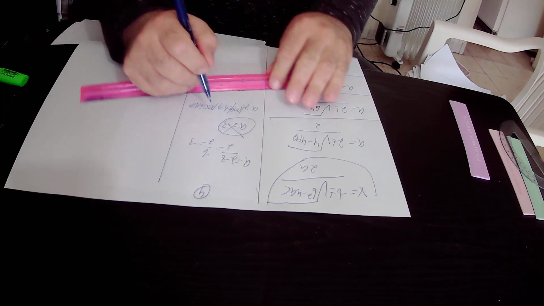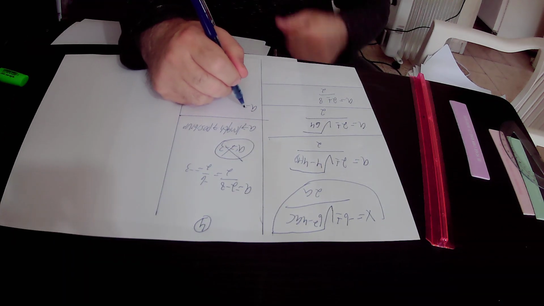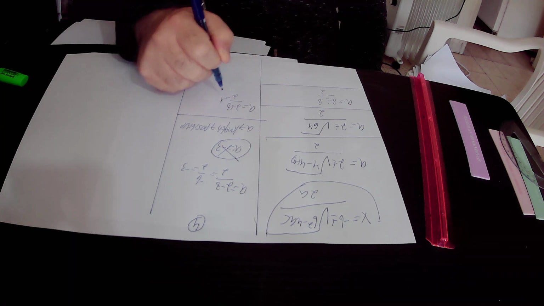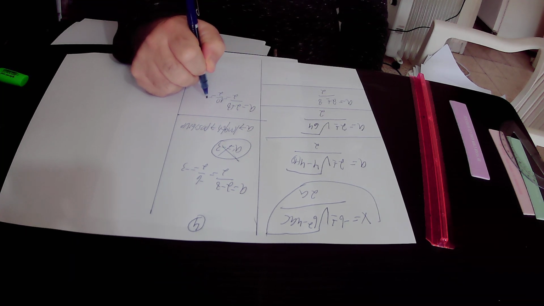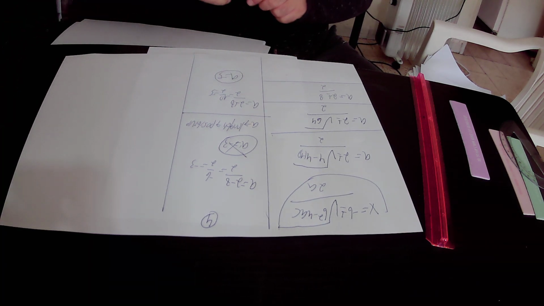and we are left only with the second solution, that a equals 2 plus 8 over 2. 2 plus 8 is 10, and 10 over 2 is 5. So we found out that a equals 5 units.